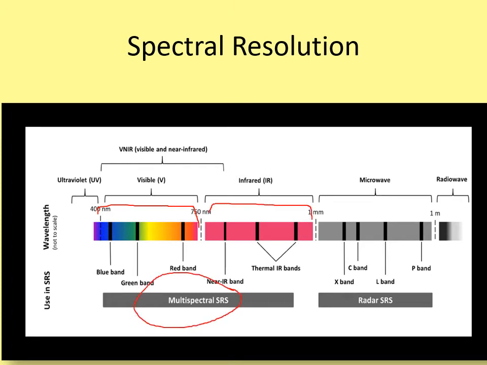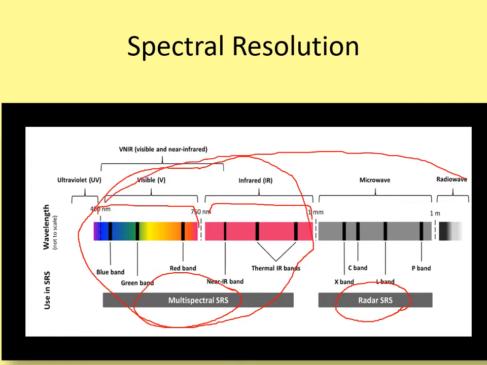Multispectral remote sensing normally uses the visible band split into red, green and blue, and the infrared band also split into near infrared, mid infrared and thermal infrared. Radar can also use more bands than the multispectral band. Radar can use this wide range of bands.